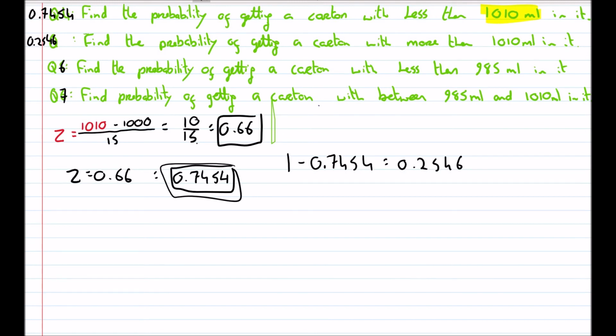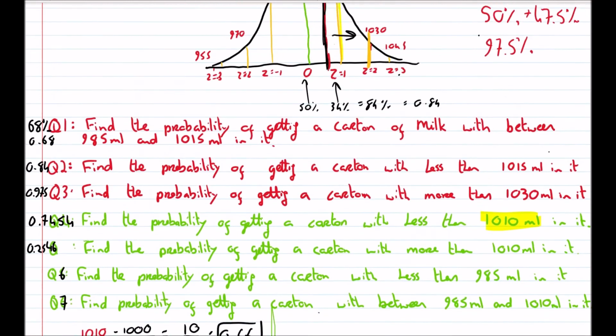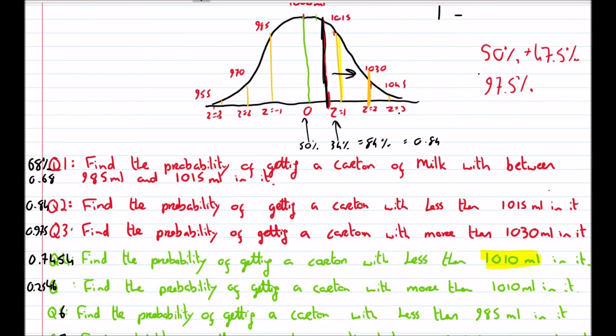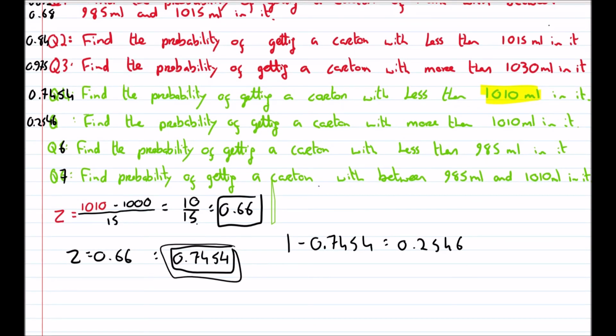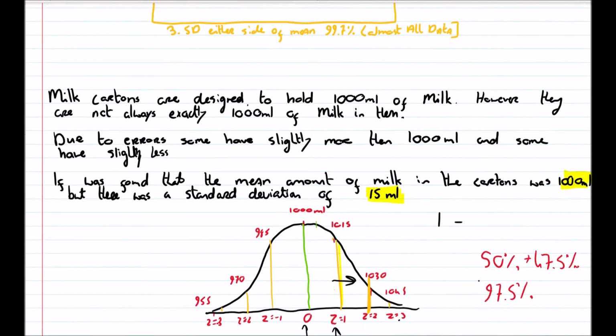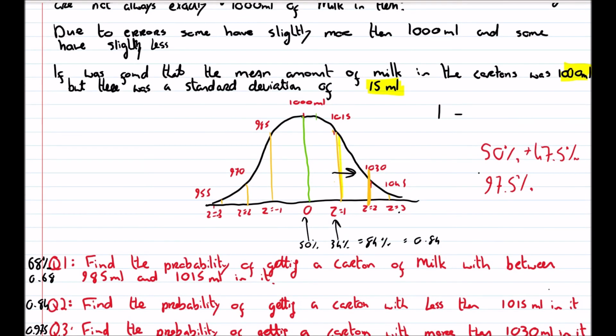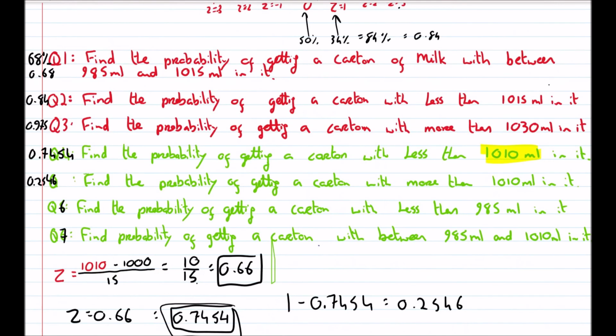Right, next question. Question 6. Find the probability of getting a carton of milk with less than 985 milliliters in it. Okay, actually, it's too easy. Let's change that, because that's just a z-score of 1.